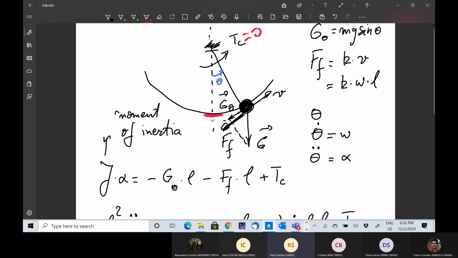But what happens if we take it out from this equilibrium and let it on a free evolution, no torque? What happens? We have friction. We don't have friction here, but we have friction with the air. What will happen eventually? It will come back to the initial point. Yes, it will oscillate around the equilibrium point and it will be driven to the equilibrium point.